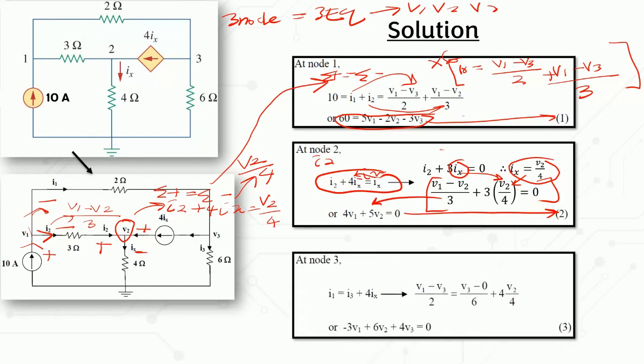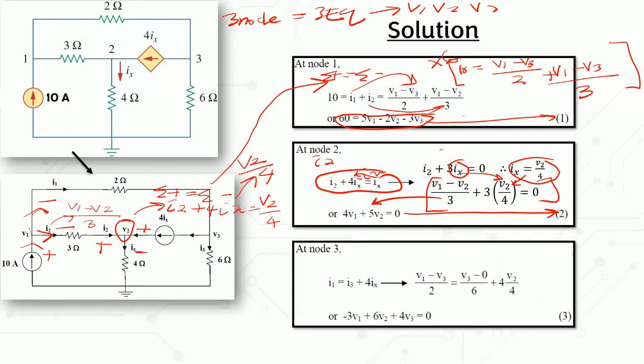Another equation we need is at node 3. At node 3, we have this as negative current, and the positive current is I1. The positive current equals the negative current, which is I3 and 4Ix.